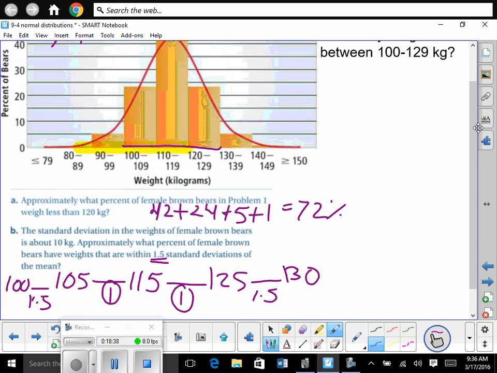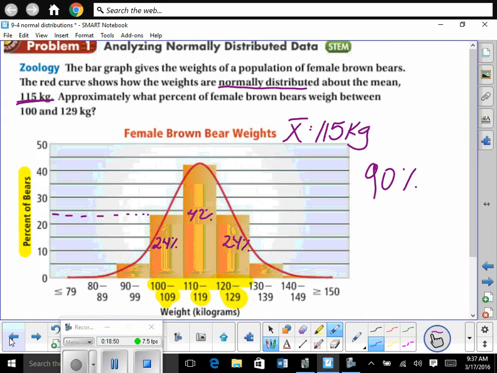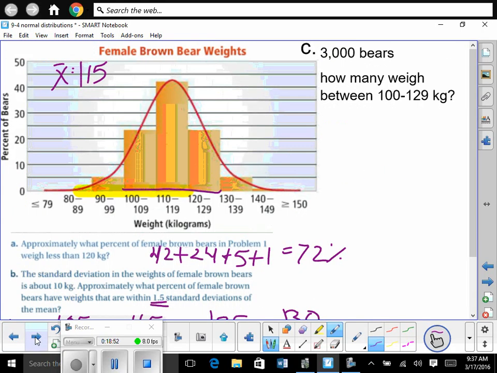Yes, so that would be 0.5 further than 1. Okay, so guys, what percent fall within 1.5 standard deviations? Didn't we do that in the first problem? Because it's on the same interval, right? So we said on problem number 1 that was 90%, right? So 90%. Sweet.